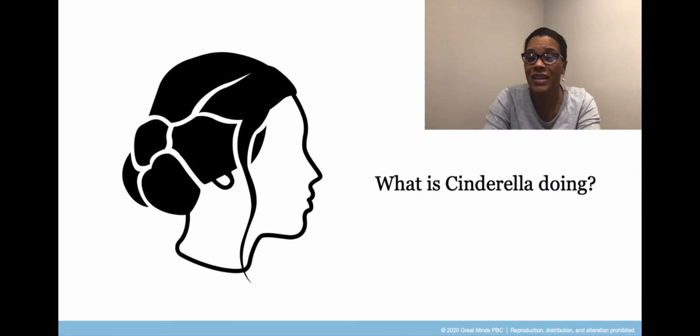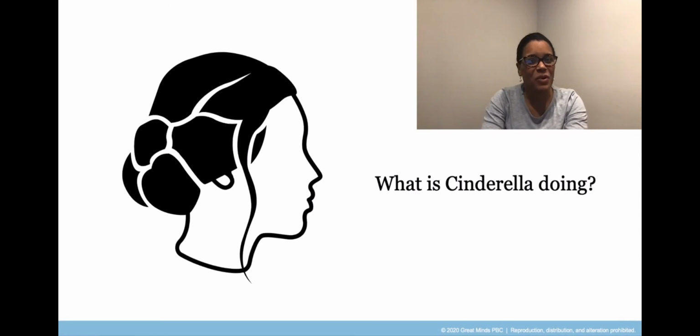Okay, now jot down a word or two in your journals to describe what Cinderella is doing. I wonder, did you write a few words to describe that Cinderella is styling her stepsisters' hair and helping them get dressed for the ball?